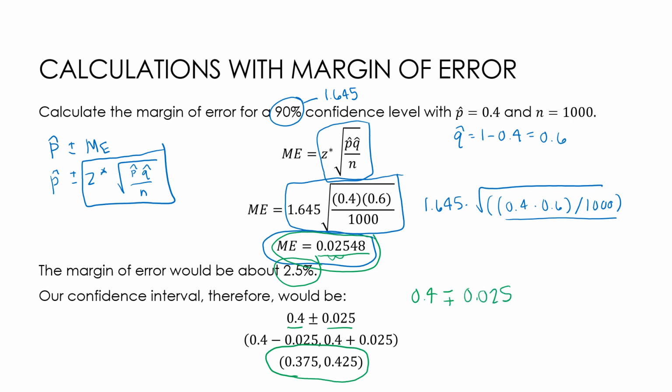So I'm going to subtract the 0.025 and add it, and that's going to give me my confidence interval, which is 0.375, comma, 0.425, which means all of the values on the number line between 0.375 and 0.425 would be in my interval.